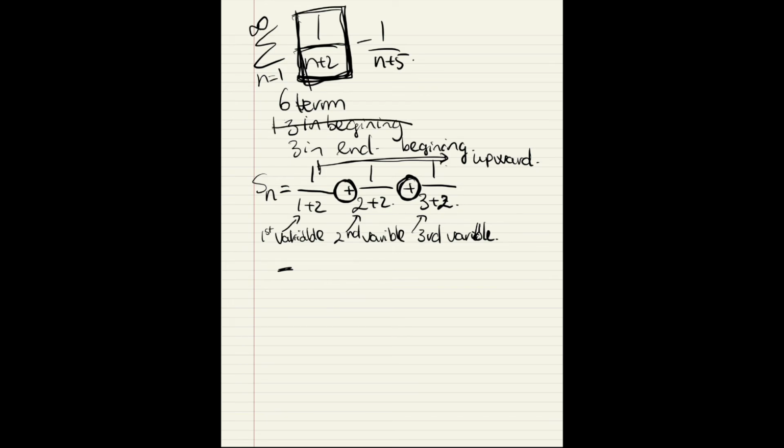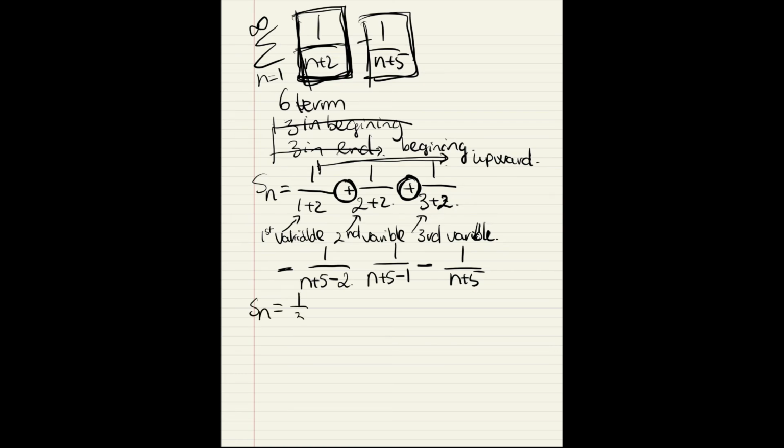So now what we do more is the 3 in the end. I begin with 1 over n plus 5, which is this function right here, minus 1 over n plus 5 minus 1, minus 1 over n plus 5 minus 2, which gives S of n equals 1 over third plus 1 over fourth plus 1 over fifth, minus 1 over n plus 3, minus 1 over n plus 4, minus 1 over n plus 5.